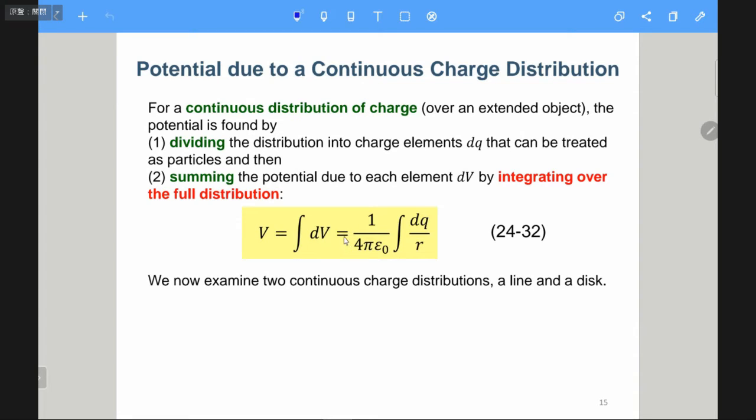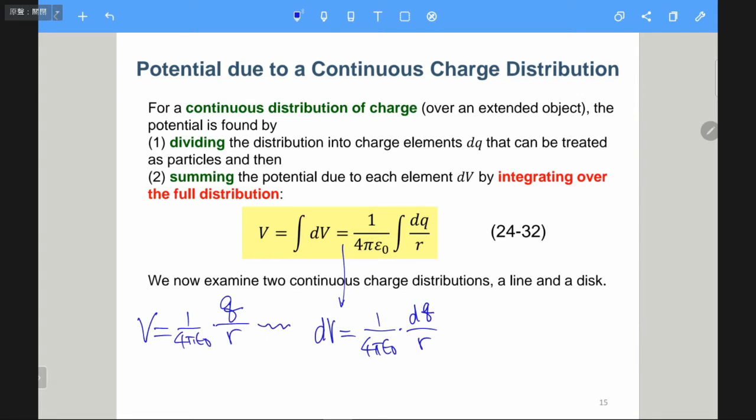Okay, so dV here is nothing but 1/4 pi epsilon naught times dq over r. Because if we have a discrete charge, we write it as V equals 1/4 pi epsilon naught times q over r.